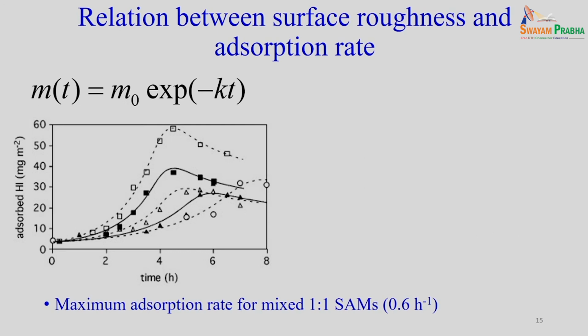The different symbols indicate the different surfaces. Here we can see the rate of protein adsorption is different, and the adsorbed amount can be fitted with the exponential function m(t) = m0 e^(-kt), and this k is the rate of adsorption.